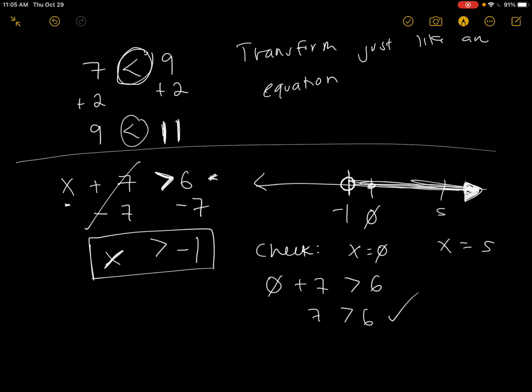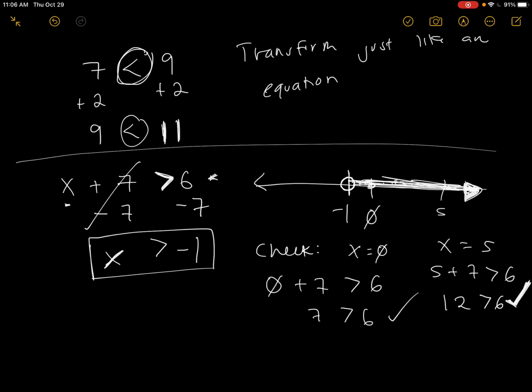Let's just say that's 5. Is 12 greater than 6? Yes, it is. So any number I pick in this shaded area, I can plug into the original inequality, and it should check out. That's how I know I shaded the right area.